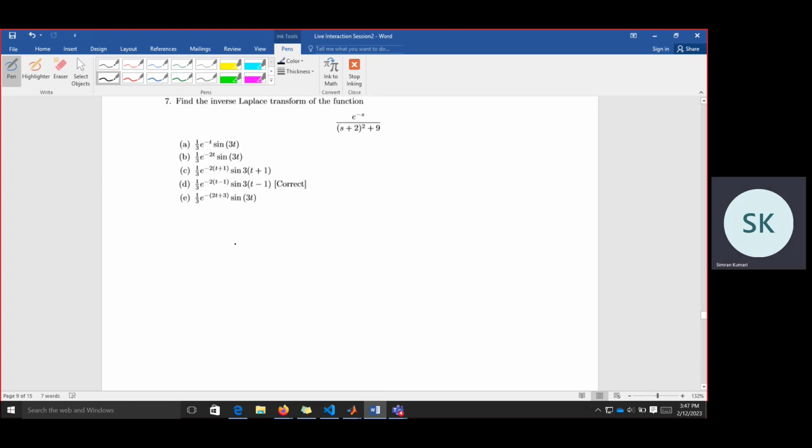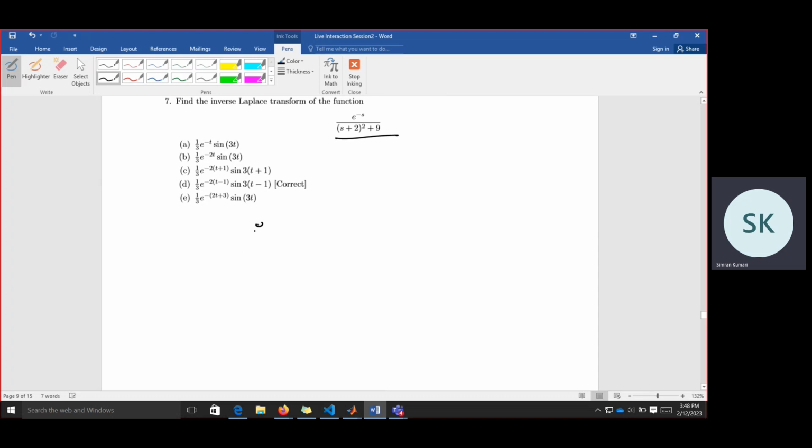So this is one question. Again, we have to find the inverse Laplace transform. Similar to the Laplace transform, we also have properties for the inverse Laplace transform, like linearity, scaling, time shift, all those. So we'll apply a property here also.